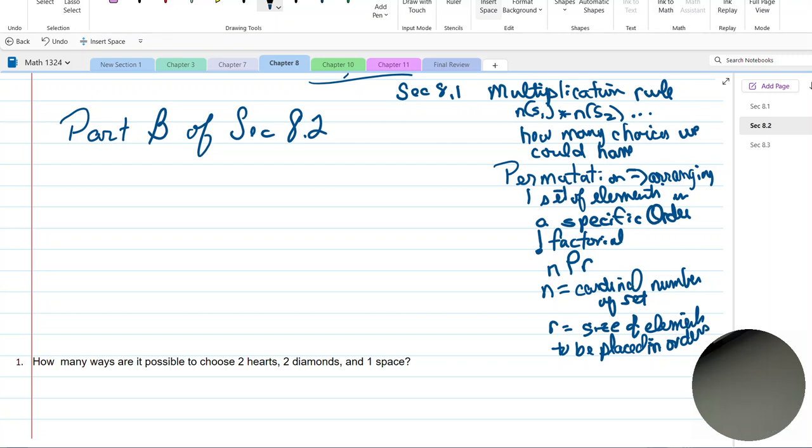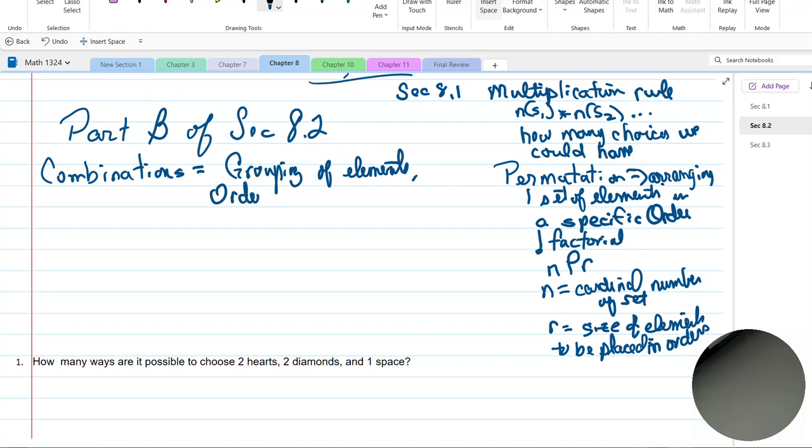All right. So on 8.2, we're talking about combinations. This is the big one and most used because it is groupings of elements. Order not important.